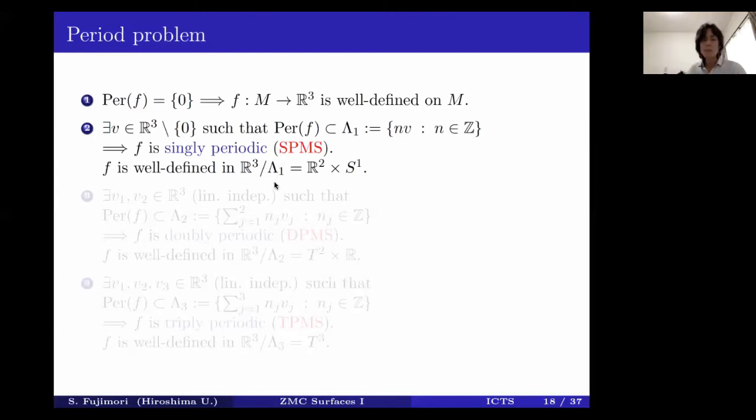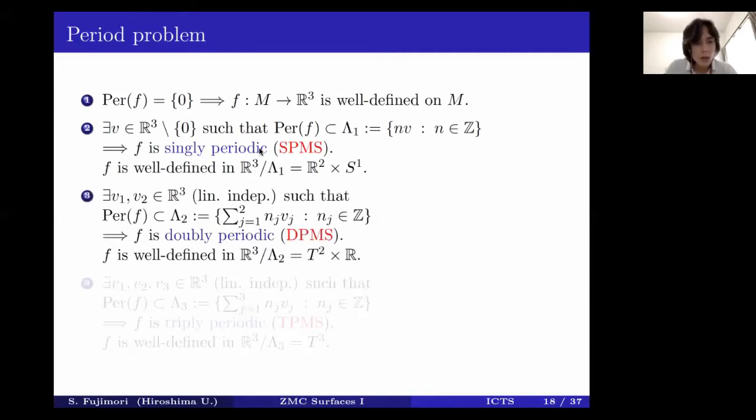Okay. And there is also a screw motion invariant single periodic surface, but in this talk I will omit this case. I just consider this single periodic minimal surface. And also, if there exist two linearly independent vectors v1 and v2, such that the period of F is contained in this two-dimensional lattice, then F is doubly periodic. And F is not single valued in R3, but F is single valued in this quotient space.